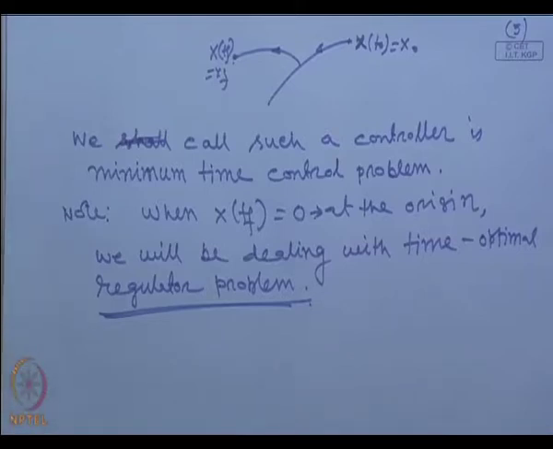Now, how to solve this one? If you recollect our earlier problems, in optimization problems we had given the description of the system, then a corresponding performance index. Our problem was to find the optimal control law u of t such that this performance index is minimized.